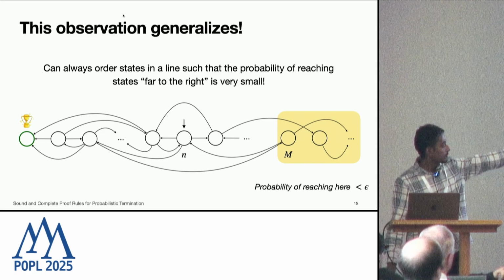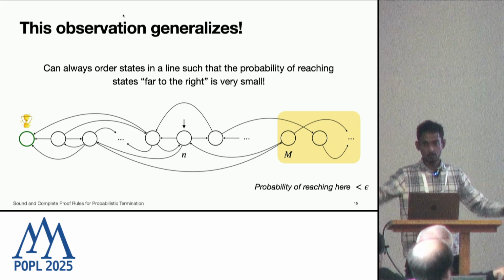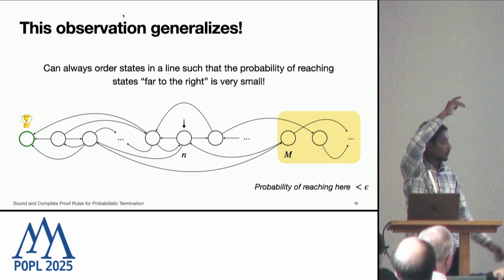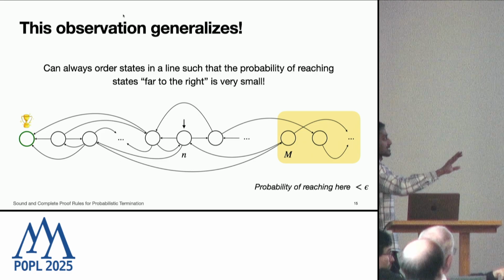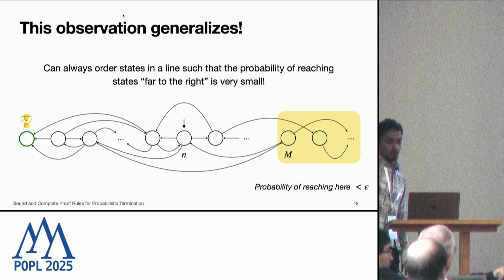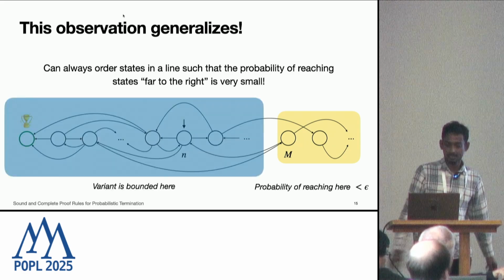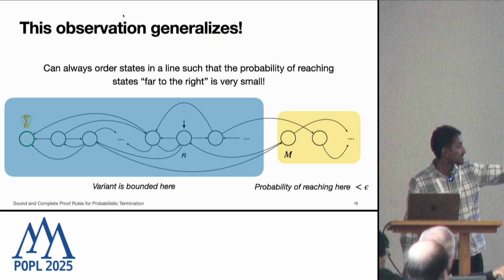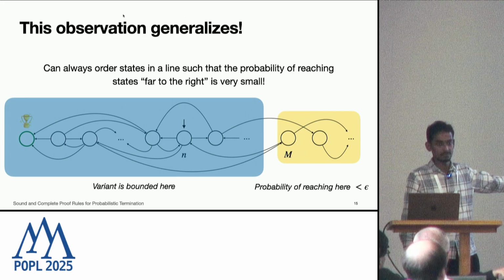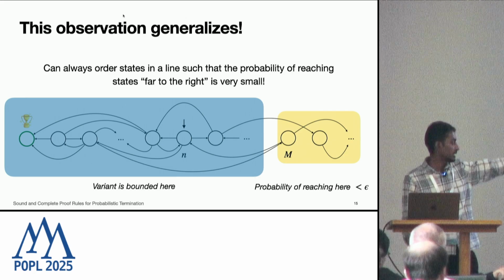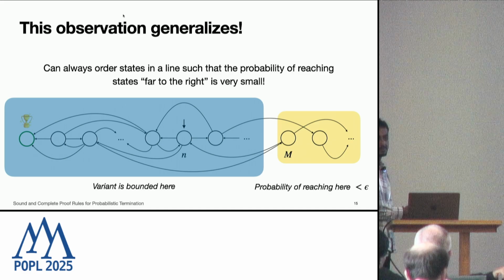So from here, if you start from the state in the middle, which is indexed n, for an epsilon there will exist an m, so that the probability of reaching states indexed m, m plus 1, m plus 2, and so on, is less than epsilon. And because this is an indexing, the rest of the states must be indexed values less than m, meaning there are finitely many of them, meaning that any variant that you could possibly create for them will automatically just be bounded.